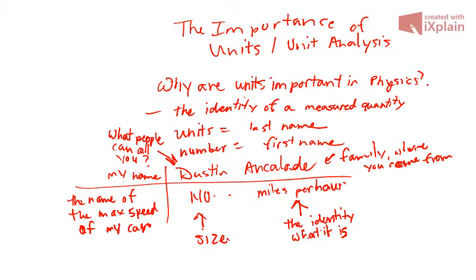So just like if you're vacationing in Europe and you're talking about your car going 120, and you don't specify you're talking about miles an hour, you can pretty much assume that that person is going to be thinking kilometers per hour, and you will have a misunderstanding.